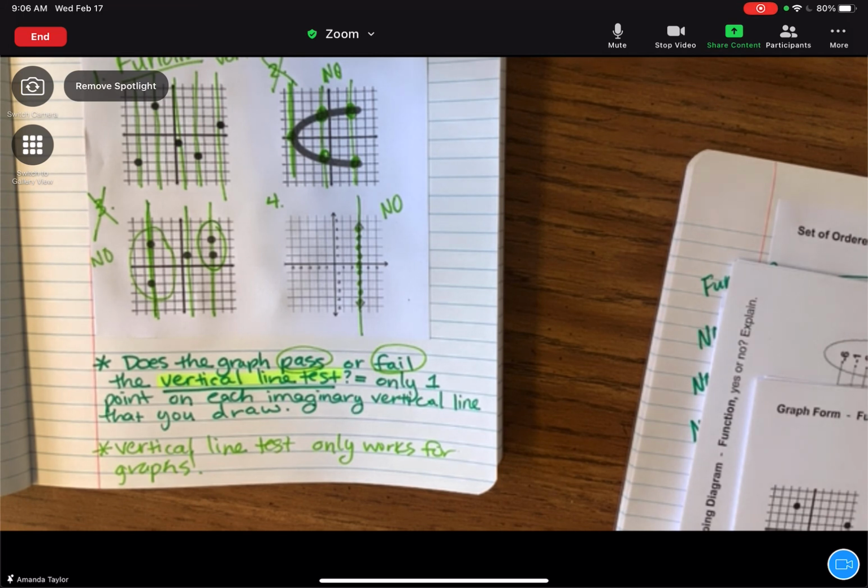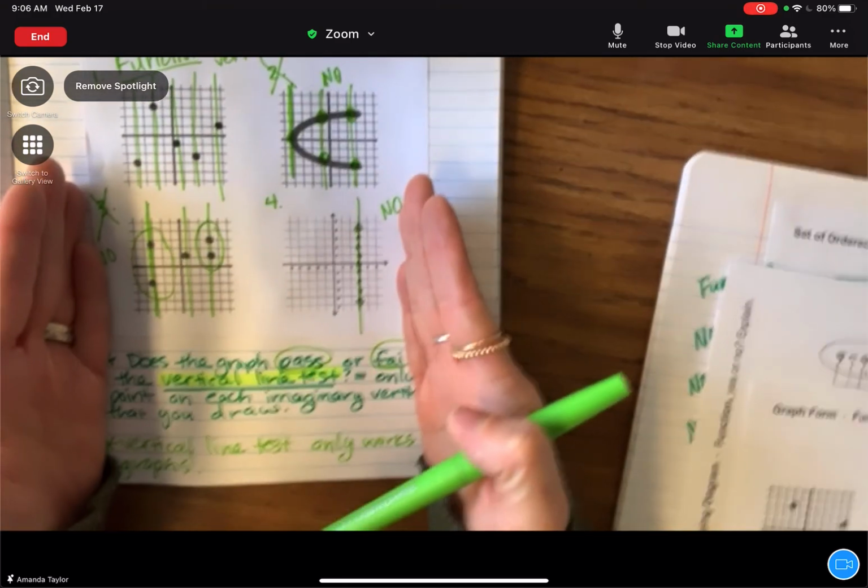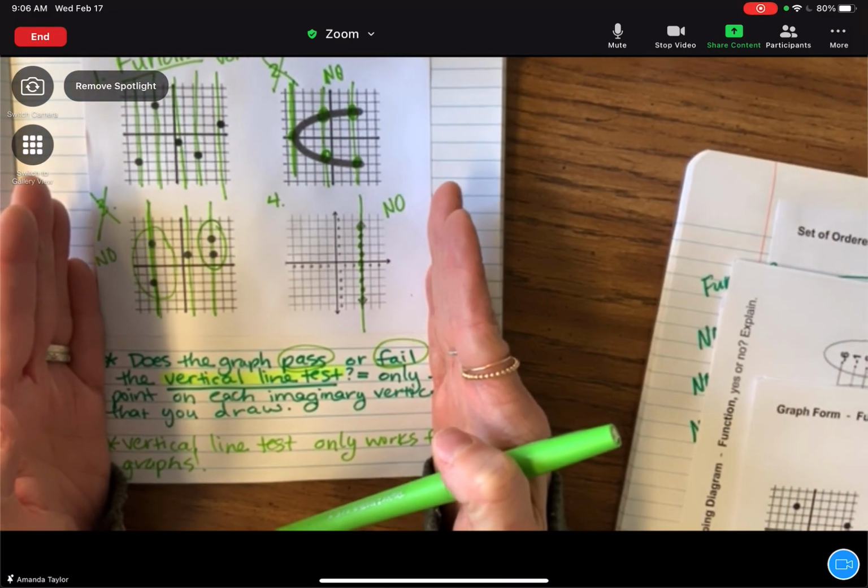I only want you to say it passes or fails the vertical line test if you are using vertical lines on a graph. I also don't want you to sketch your own little graph out to the side that's super not accurate and say, oh, it passes. No. If you are given a graph, you can use the vertical line test.